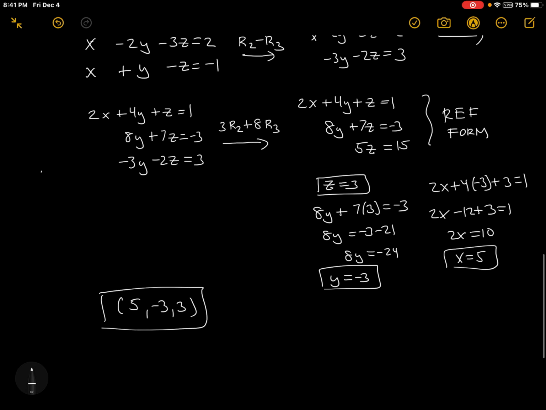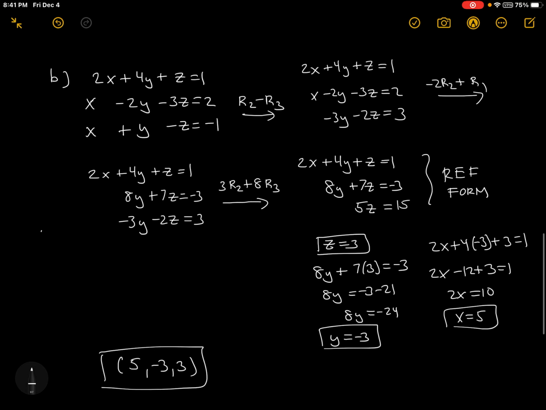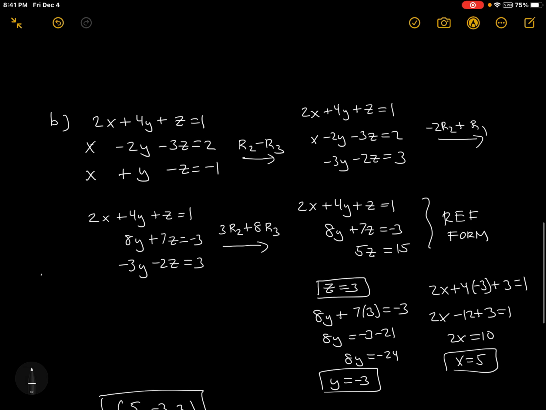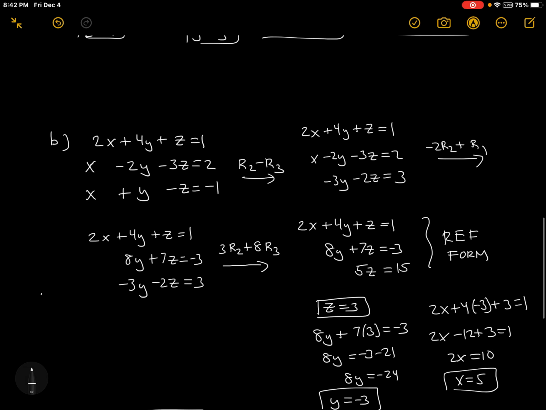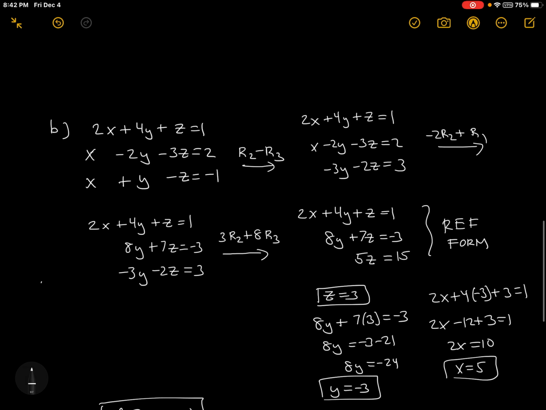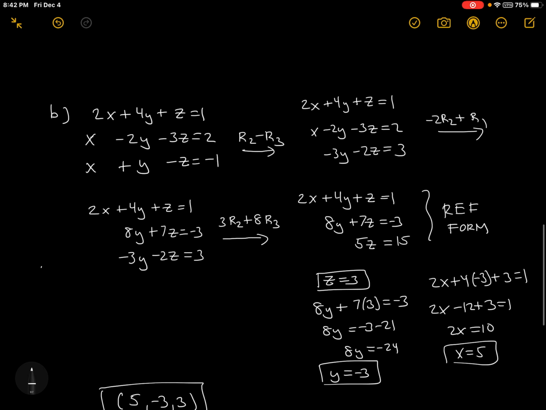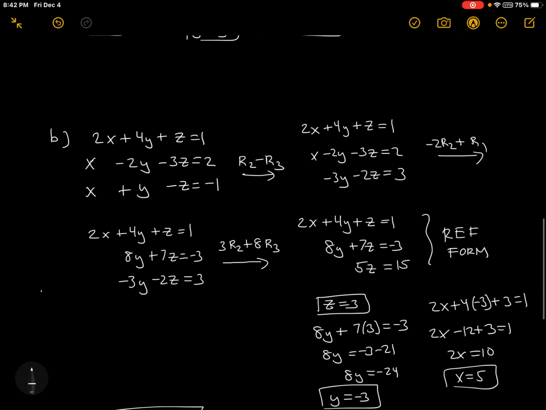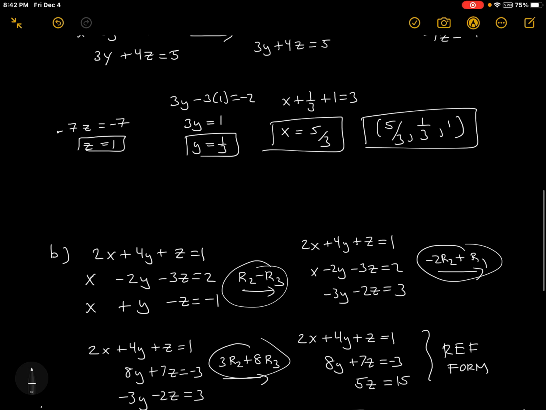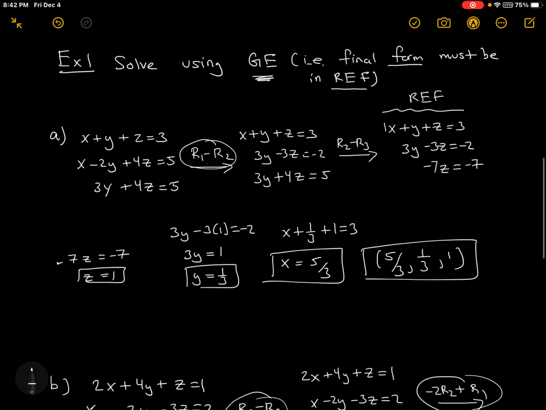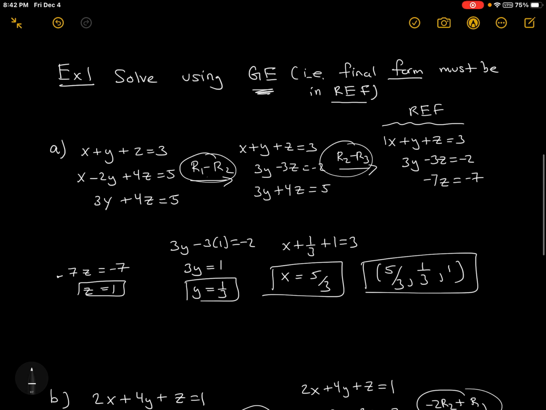So the question, again, is, Mrs. Zhu, do I have to put it in this row echelon form? Do I have to notate it like you did? Can't I just get the final answer because I learned this in Math 3 last year? And the answer is no. You have to put it in row echelon form. You have to notate it like I did over here, because the directions say specifically to use Gaussian elimination, which means switch rows, multiply rows by a constant, and the final form must be in row echelon form.